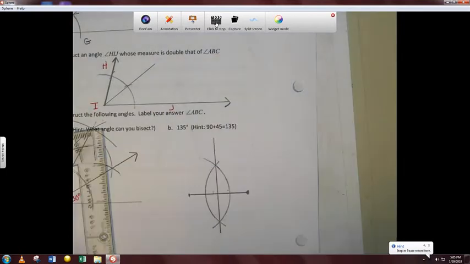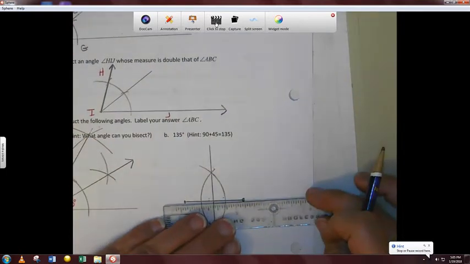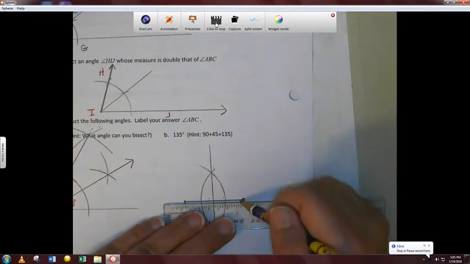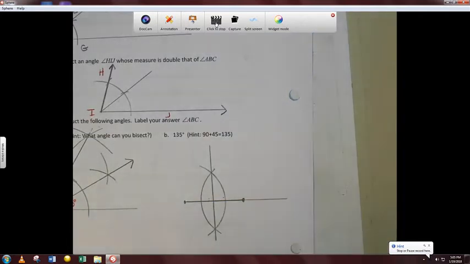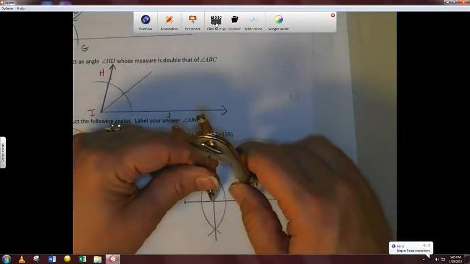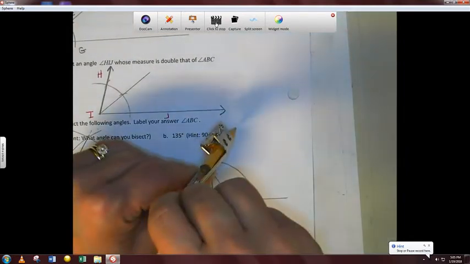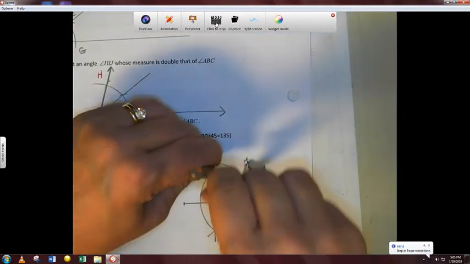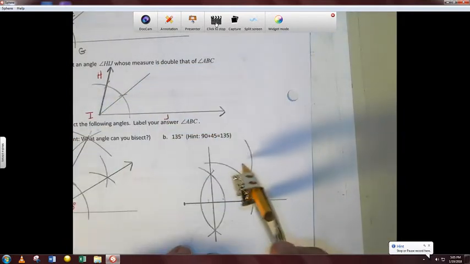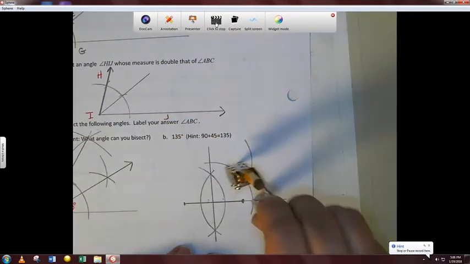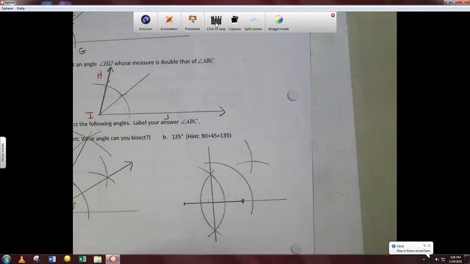I'm going to extend this line so I have more room. Alright, and now I'm going to swing an arc here, and then I will make the X out this way so I can find out where I need to draw that angle bisector through.